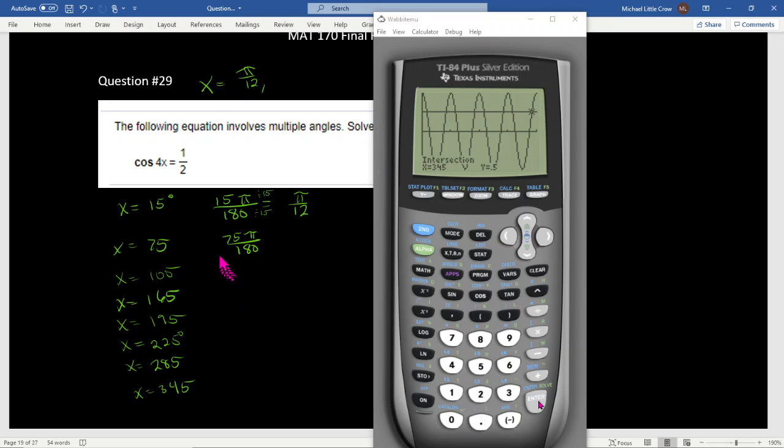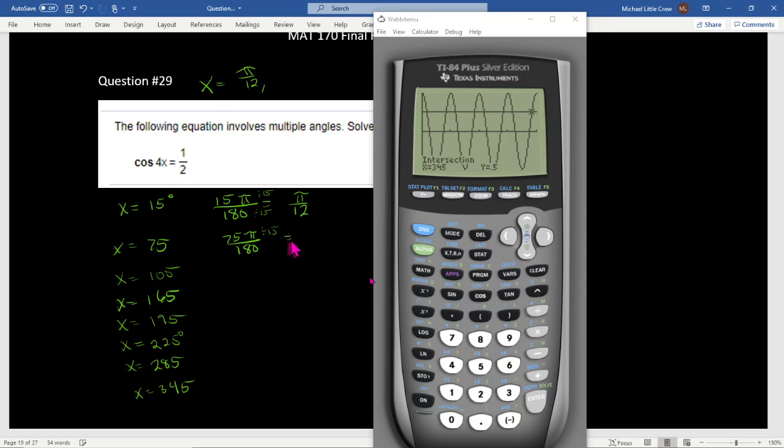Let's see. 15 goes into both. I think we could do just about all of these by 15. So 75 divided by 15 is 5.